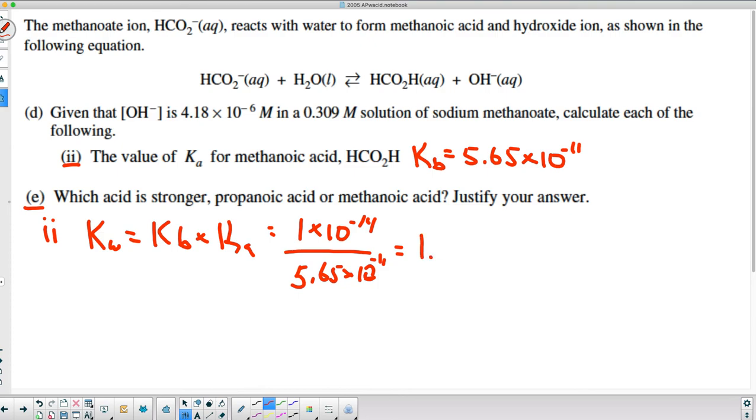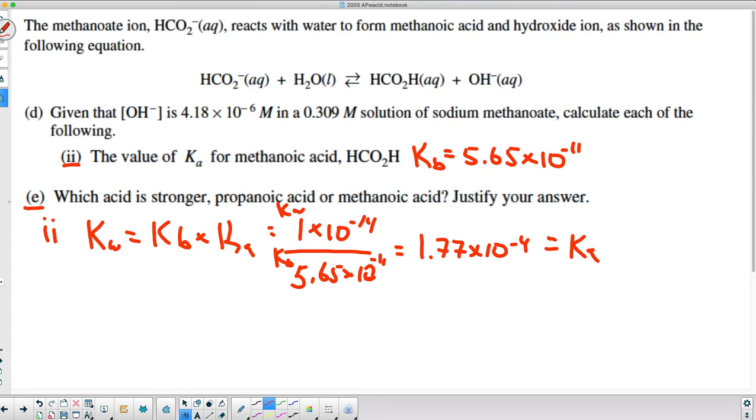So that is 1.77 times 10 to the negative 4th. That is what Ka is. So Kw equals Kb times Ka, or Ka times Kb. I solved for Ka, which is Kw divided by Kb, and that gives me the Ka.